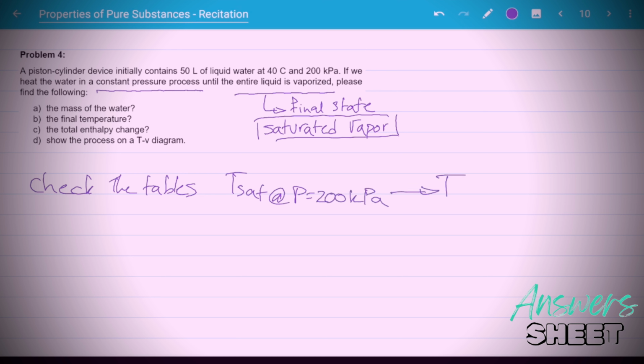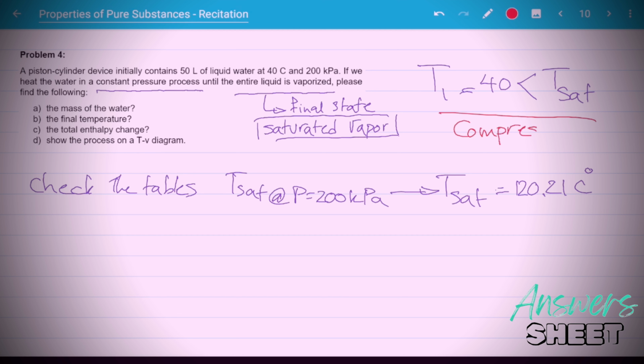If you do that, you will see that the saturation temperature is 120.21 degrees Celsius. Now, our initial temperature, T1, is 40 degrees, which is way smaller than the saturation temperature at the set pressure. We are dealing with a compressed liquid.